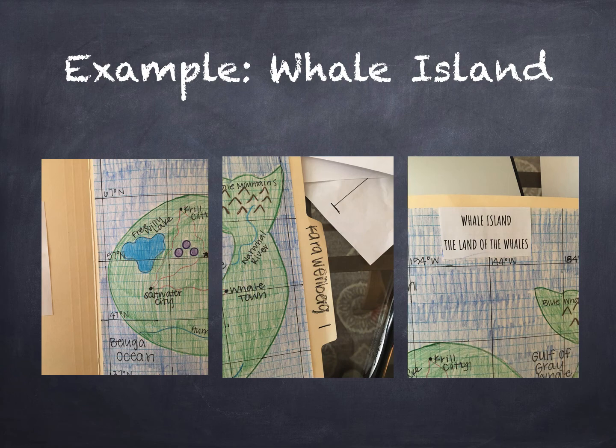In the middle picture, you can see my mountains, another river and town, and I also put my first and last name and my class period on the tab that sticks up out of the file folder. You will need to do that as well. And then in the third picture, I have my title and theme again at the very top of my paper.